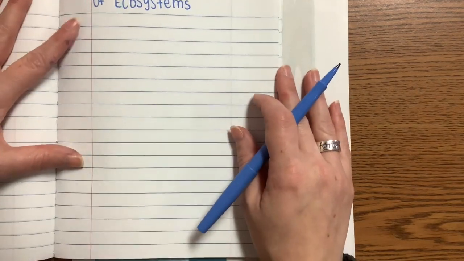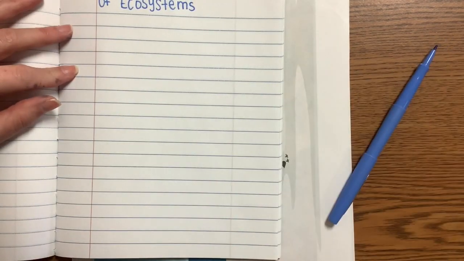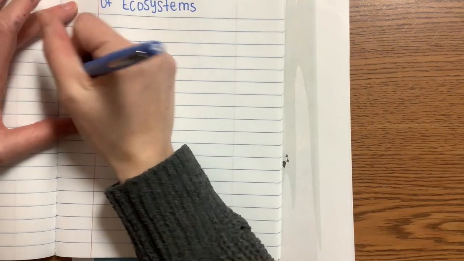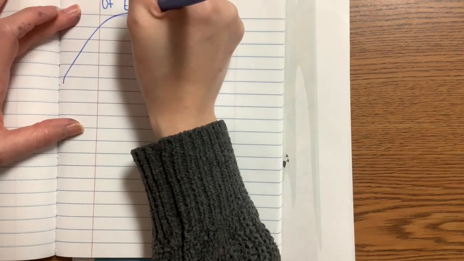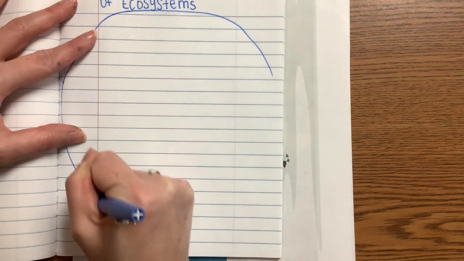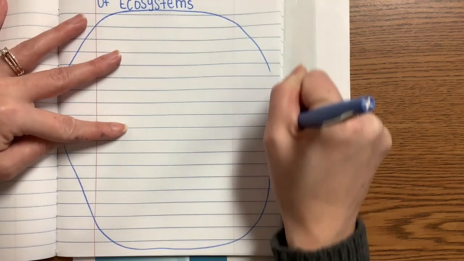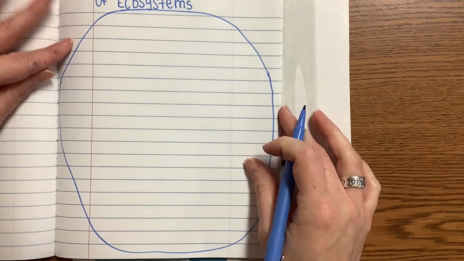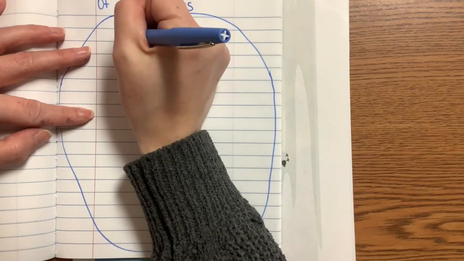Okay, so now we're going to draw our circles. Pay very close attention. Do not draw until I'm all the way done. So we're going to draw a big circle first that takes up our whole page. Ooh, my circle's kind of wonky. That's okay. And we're going to draw 3 circles inside of that.